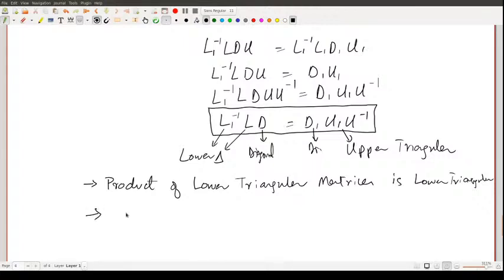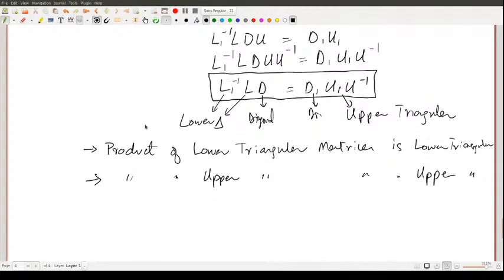Similarly, the product of upper triangular matrices is also upper triangular. So on the left-hand side, you can either get a lower triangular matrix or a diagonal matrix, because the diagonal matrix is also lower triangular, right? So the left-hand side is lower triangular, and the right-hand side is upper triangular.